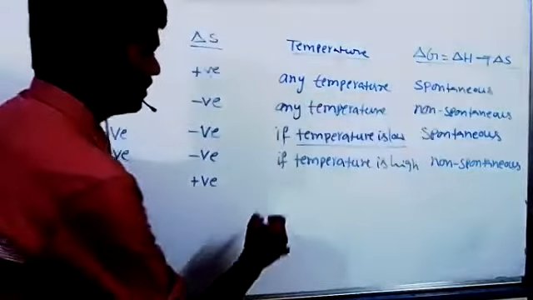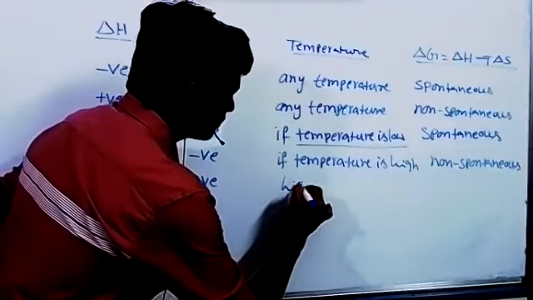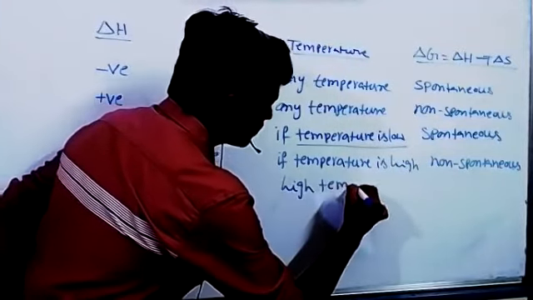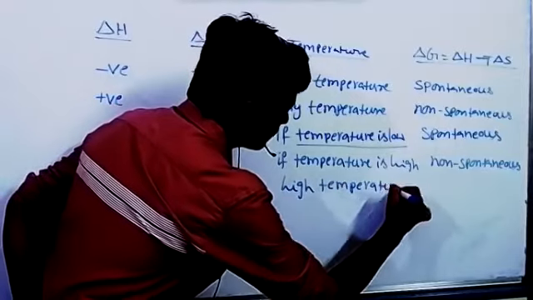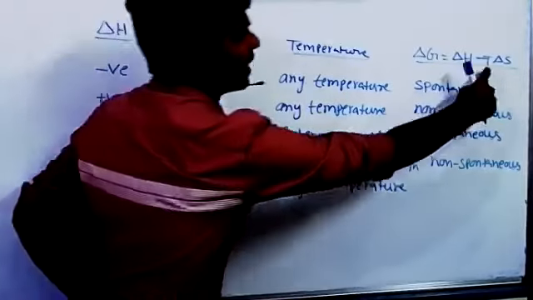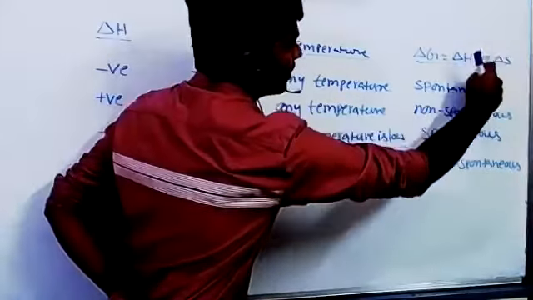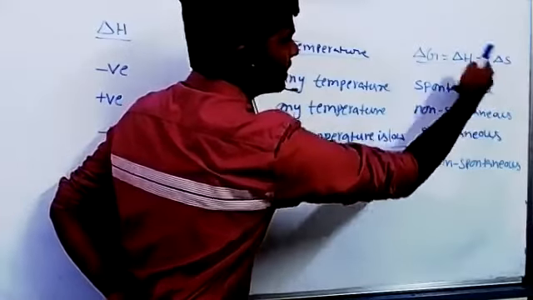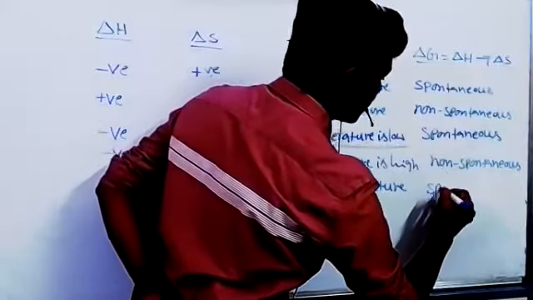Yes, correct. High temperature. If temperature is maintained high, this minus T into delta S value comes very big with a negative sign. So delta G becomes negative, so spontaneous.